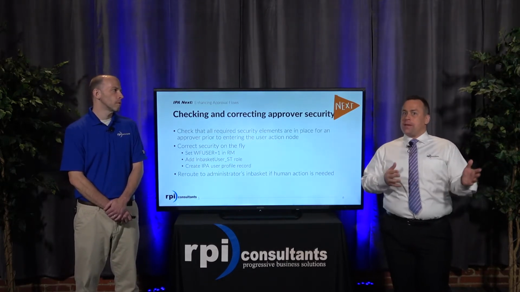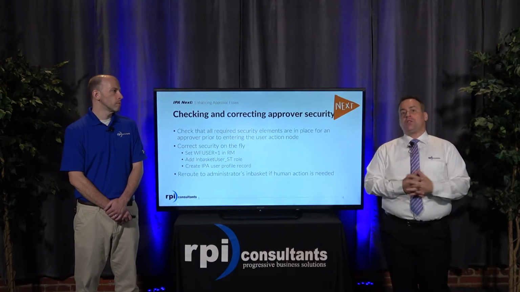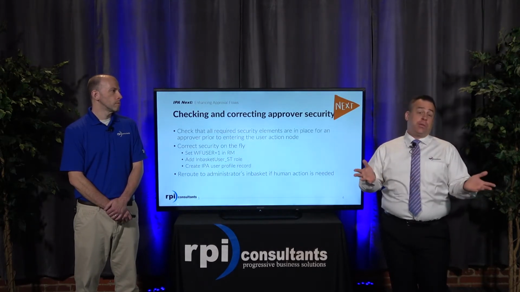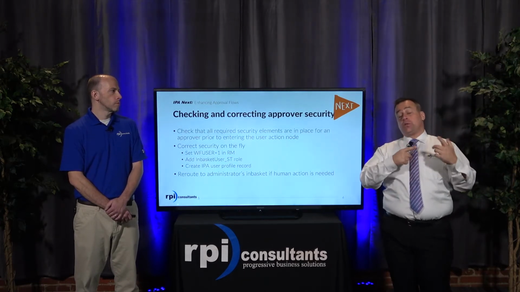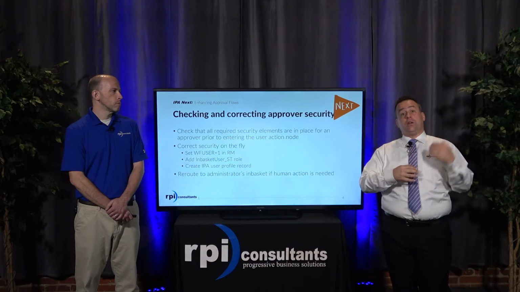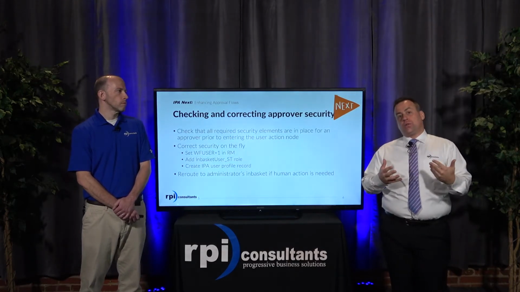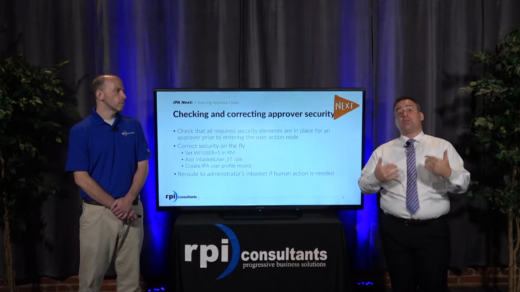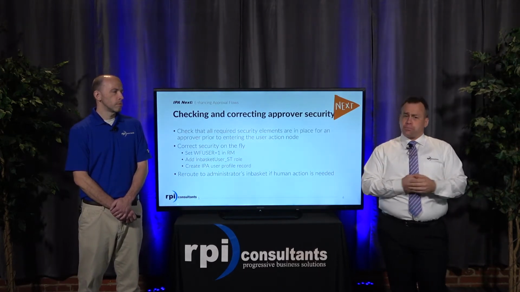Sometimes new users come on and they haven't been fully set up if you don't have the automation maintenance to do it. Maybe you just don't know who the approver is. But as we add users to tasks or use the HR user action, we want to make sure that these users have that record so they can get the work coming to them via their in-basket.